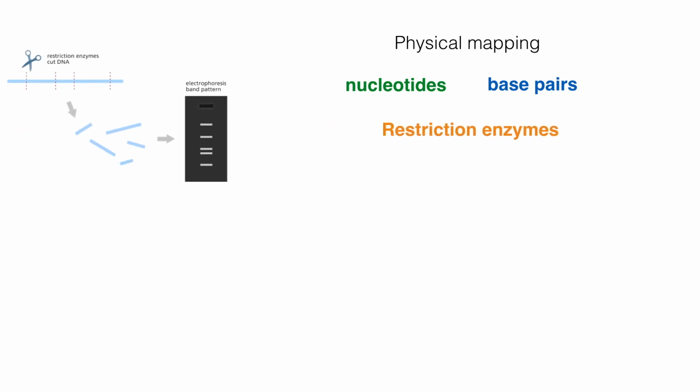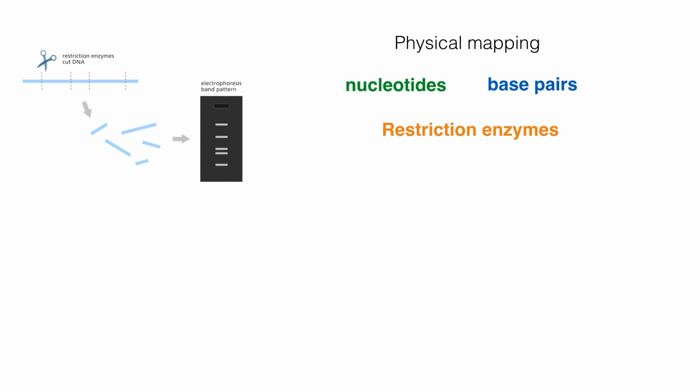Physical mapping is based on measuring the physical distance directly by estimating the number of nucleotides or base pairs between them. The first physical maps were made with restriction enzymes. Restriction enzymes always cut DNA at specific sequences of DNA, or restriction sites.